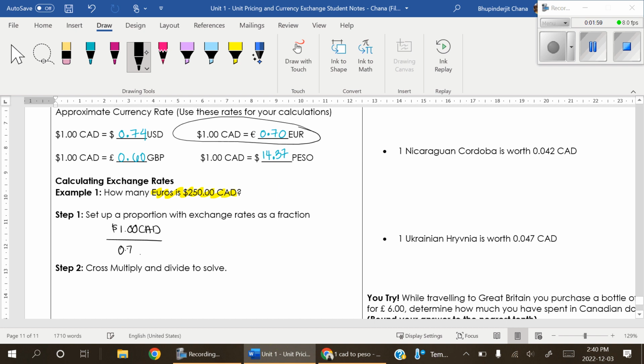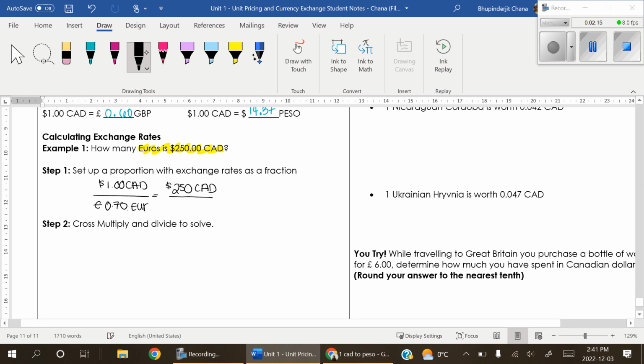So I'm going to make a fraction, and then equal that. Now Canadian's on top, so I'm going to put 250 Canadian on top. You want the same units to be in the numerator, and then I'm going to say X amount of euros.